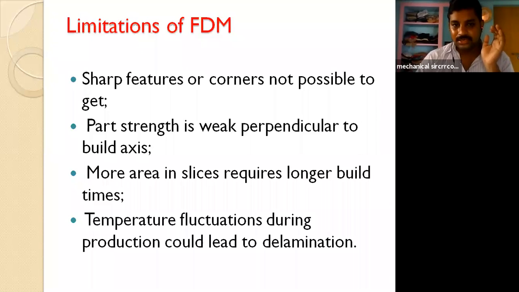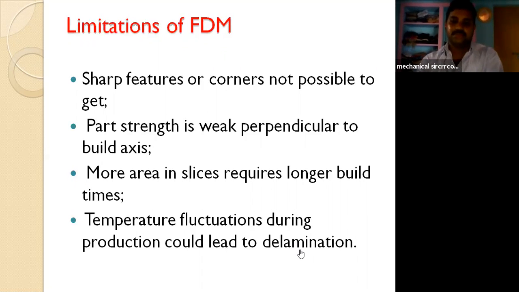Okay, and more area in slices requires long build times. When compared to the previous manufacturing process, the slices require more area, I mean, more space it occupies. Temperature fluctuations during production could lead to delamination, that means failure of the laminates. What is delamination?